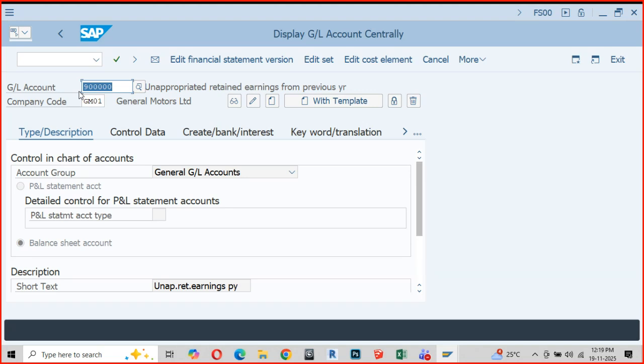What is its functionality? The functionality of the retained earnings account is to carry forward the balances of the profit and loss account to the next year balance sheet or the new balance sheet. Any questions out here, students?